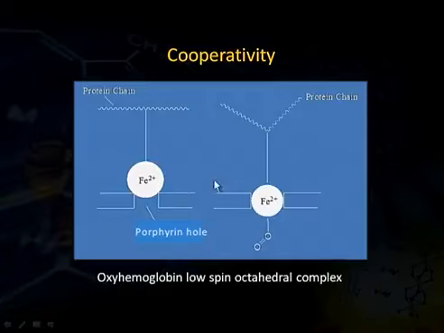So this reaction keeps on taking place: when it combines with oxygen, it falls into the hole, and when the oxygen is released, the size again increases and it stays above the hole.